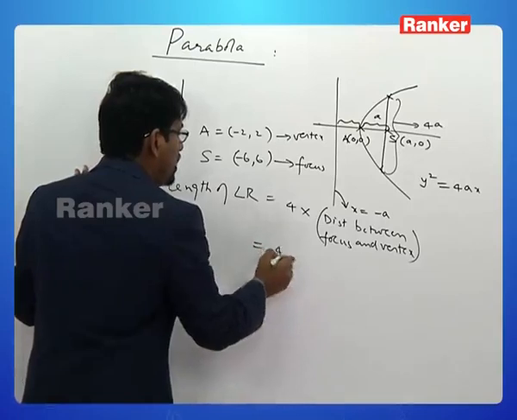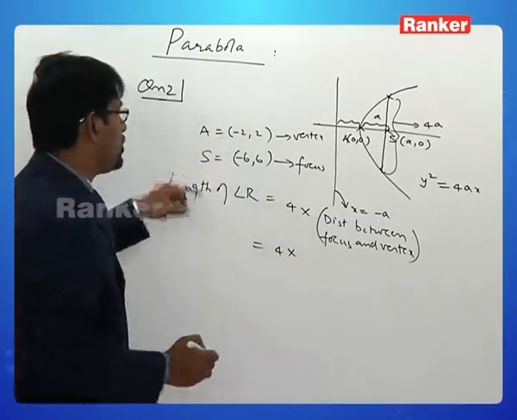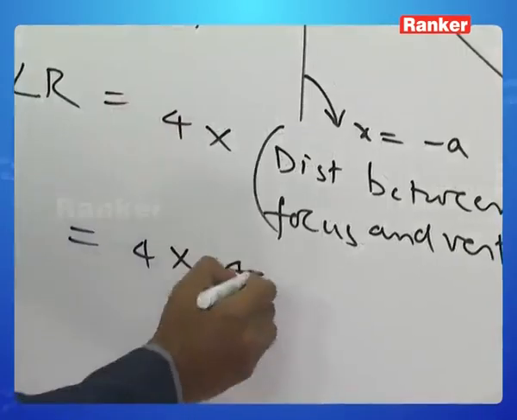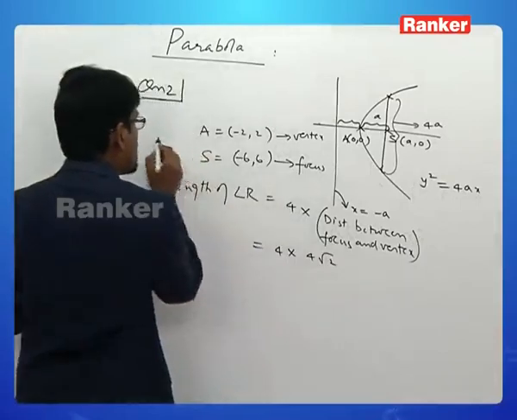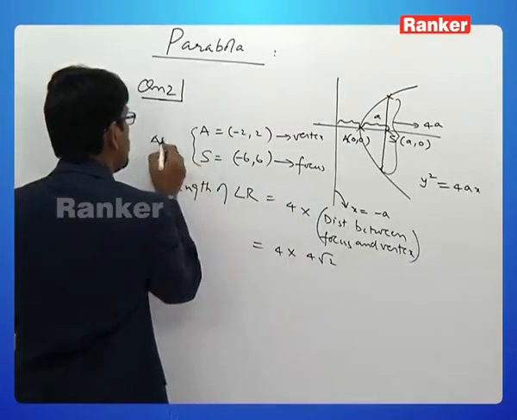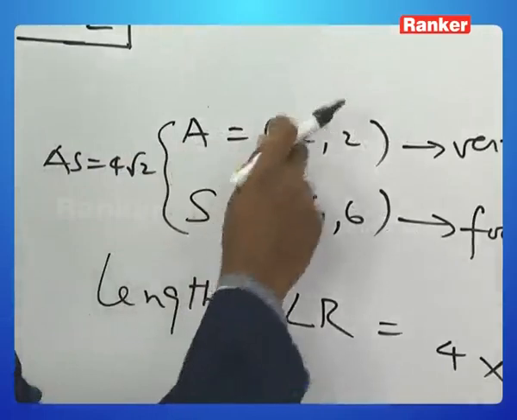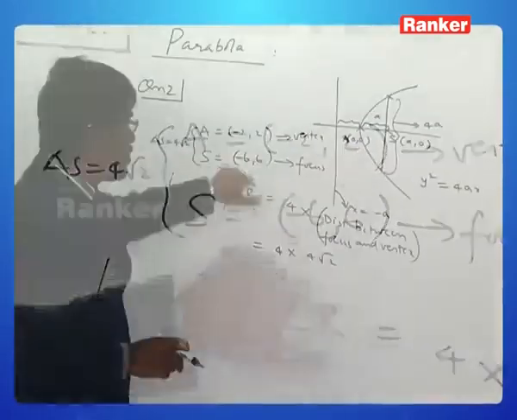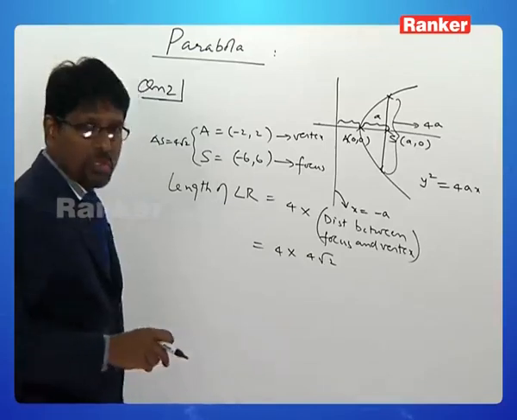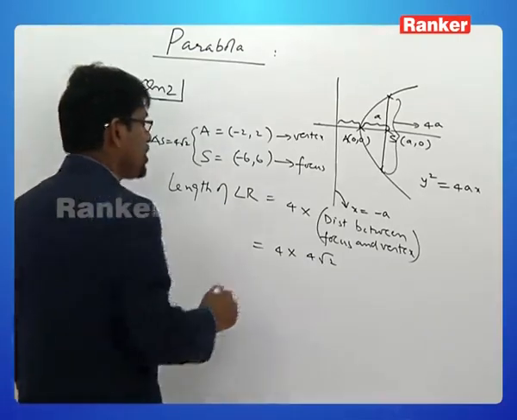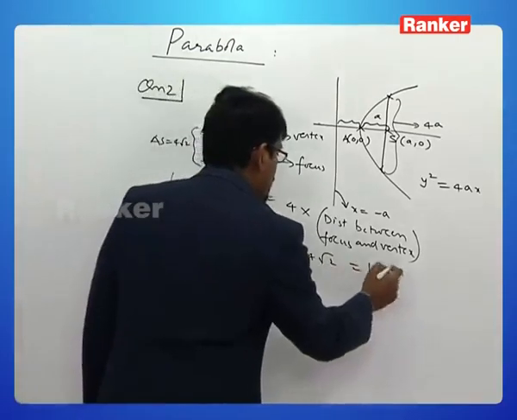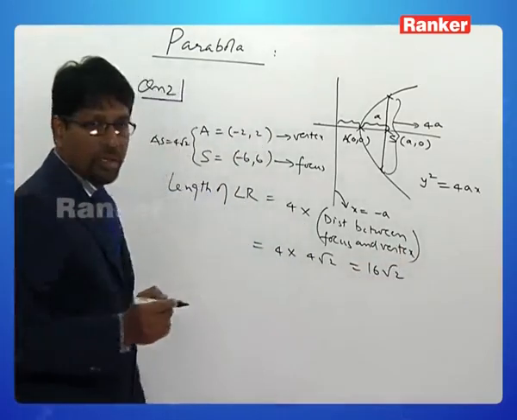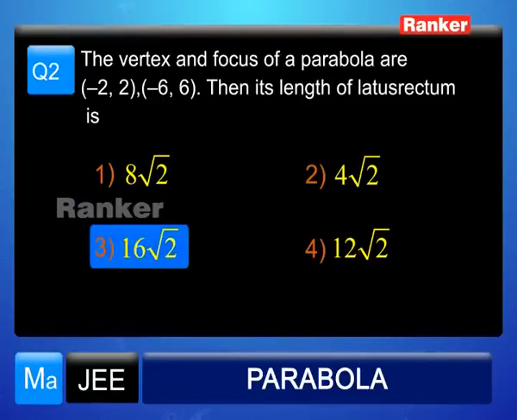Now that is 4 times, what is the distance between these two? Distance AS is clearly the square root of 4 square plus 4 square, that is 4 root 2, and therefore this is 16 root 2. So clearly the answer is 3.